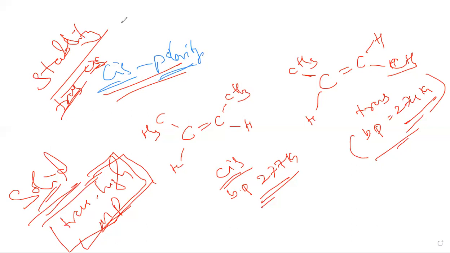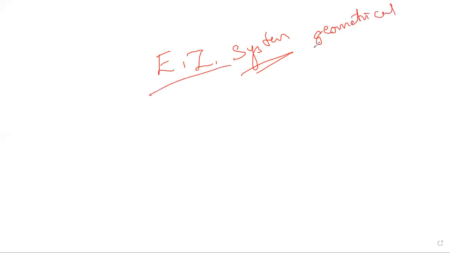What we consider geometrical isomers is also represented in the E and Z system of notation. What is the E and Z system of geometrical isomers?